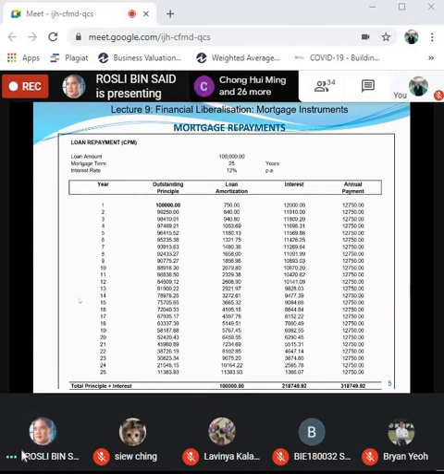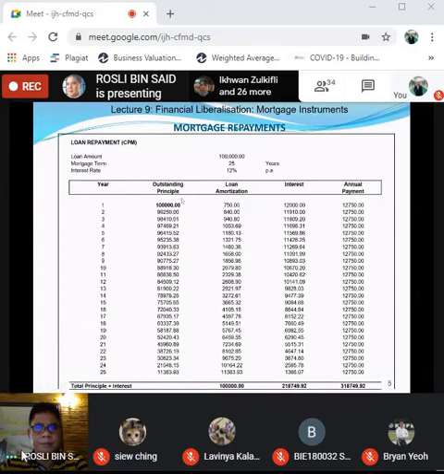Okay, so now we go back to the constant payment mortgage. In year one, we have 100,000 capital outstanding. Like we have discussed before, we use the formula to calculate the annual payment.